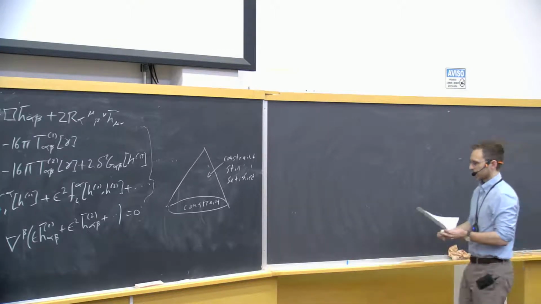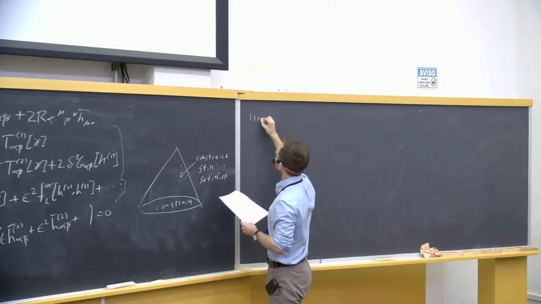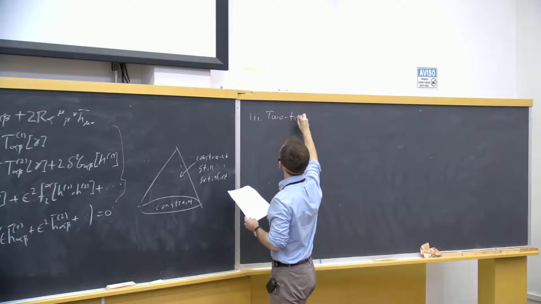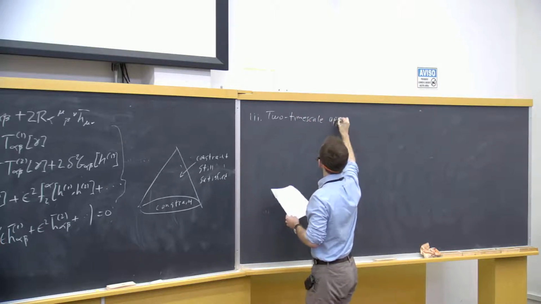So that's called the two-time scale approximation.